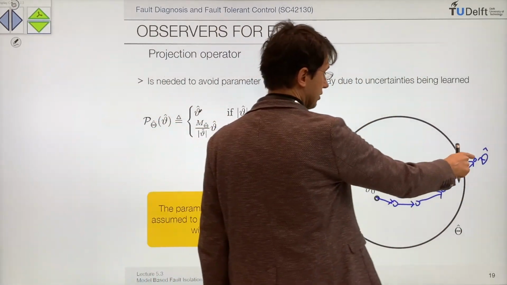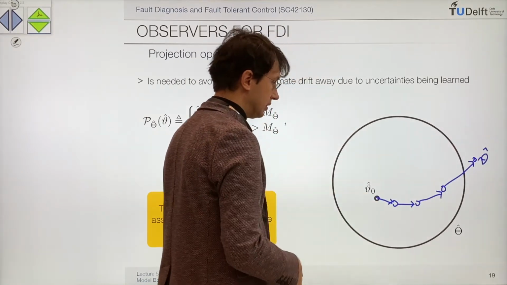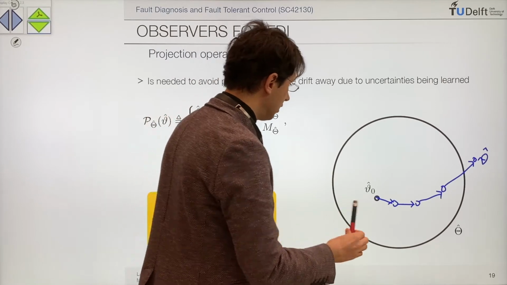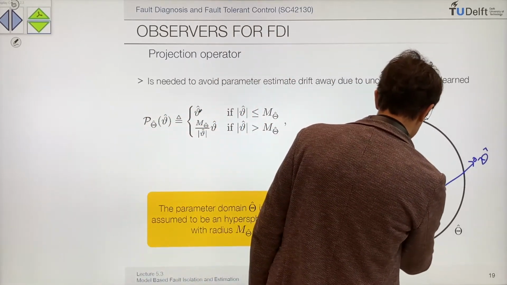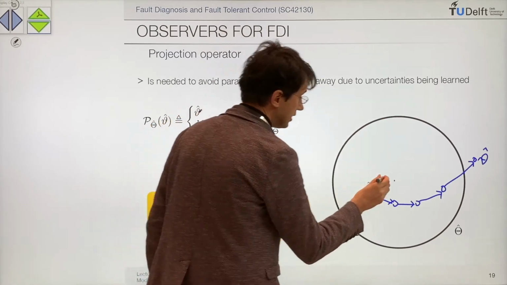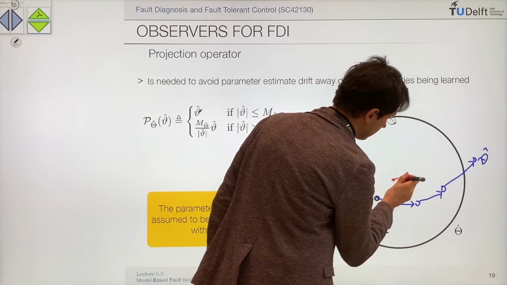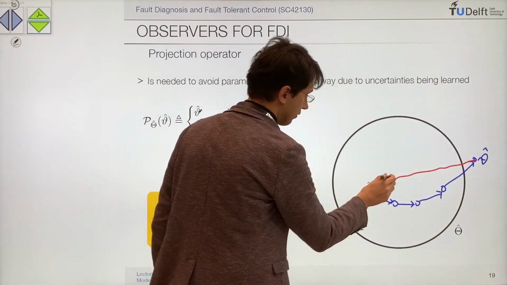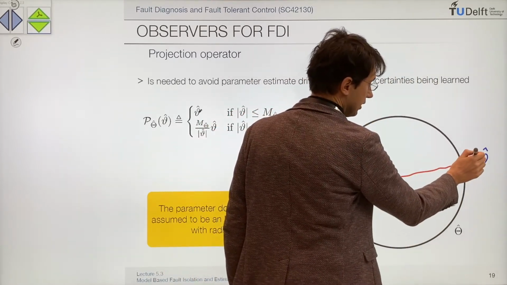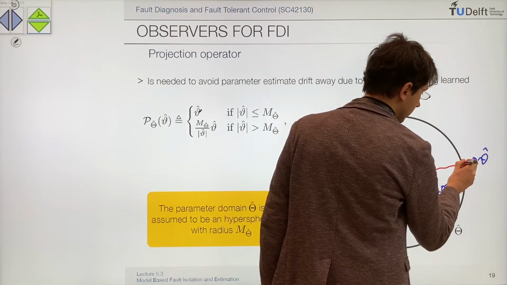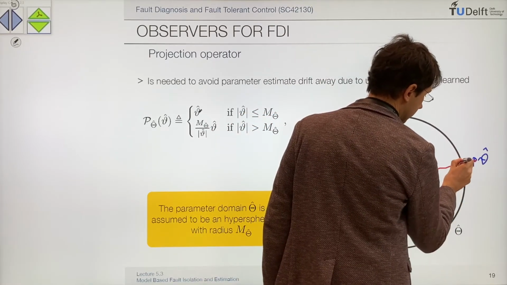So this is not allowed, and we need to get back to the domain. The way to do this is we locate the center of this hypersphere, we take the radius going from the center through the value of theta we computed, and we go back, and we stay with the new value here.